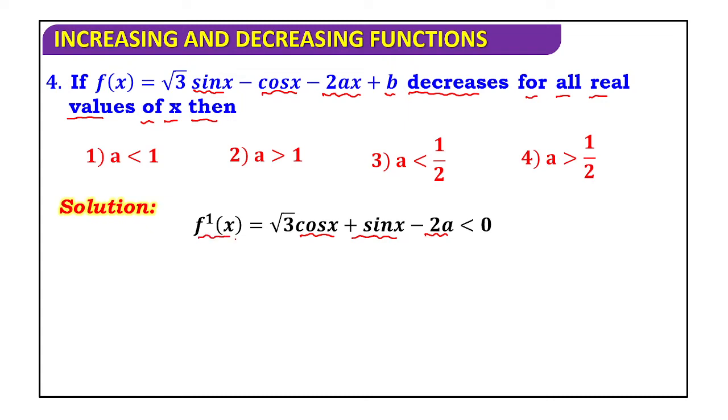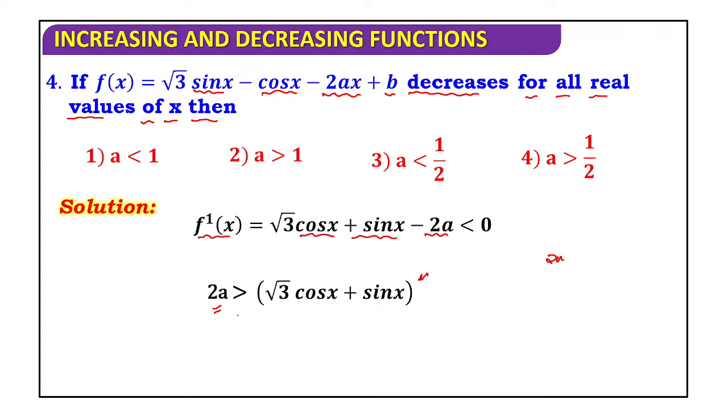Clear? So as we all know, f dash of x must be less than 0 for a decreasing function, so let us take f dash of x and simplify it. If I simplify, we get 2a greater than root 3 cos x plus sin x. Clear? So now by getting this type of equation, you must understand that 2a must be greater than the maximum of this to decrease.